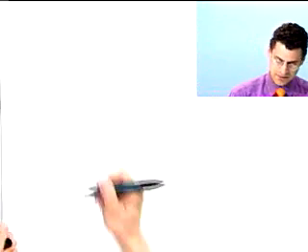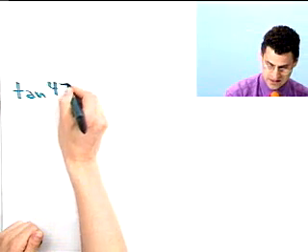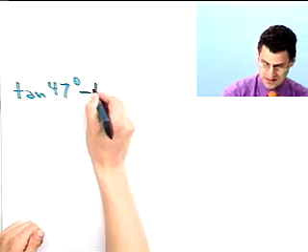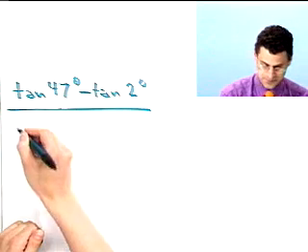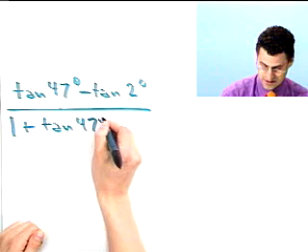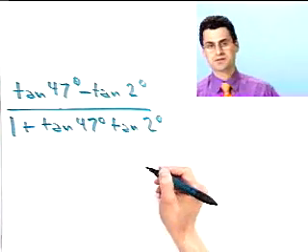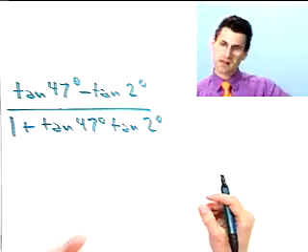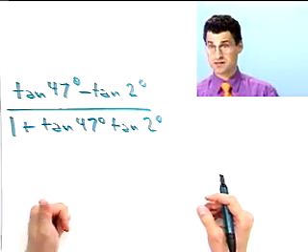How about if someone says to you, find the value of tangent 47 degrees minus the tangent of 2 degrees, divided by 1 plus the tangent of 47 degrees times the tangent of 2 degrees. Of course, this may appear hopeless at first, but then you immediately say, gee, that looks like something to do with the tangent of either a sum or a difference of angles.